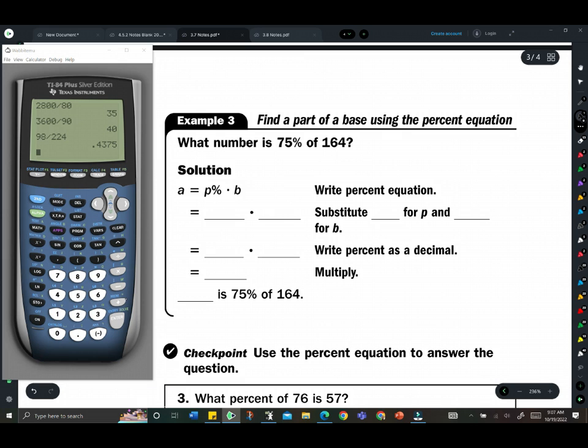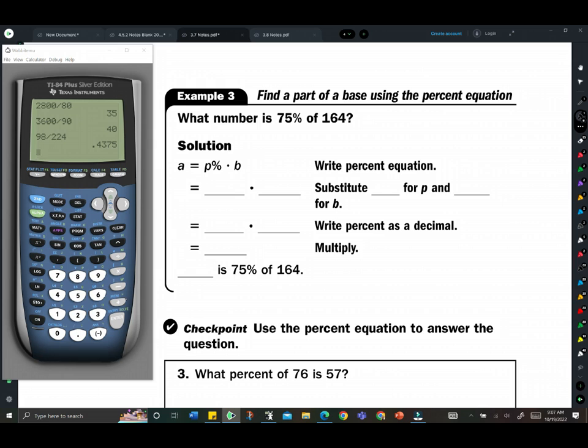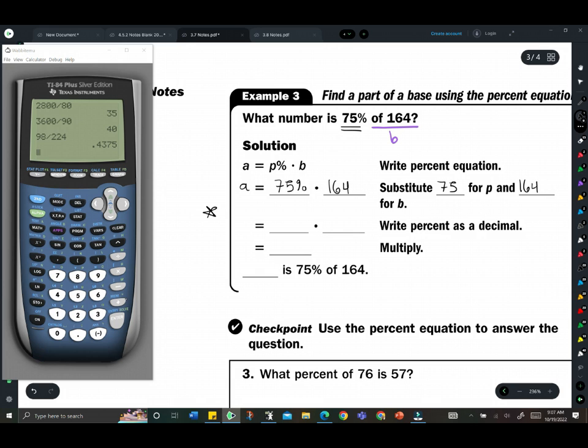The other way to go about this is to find what number is 75% of 164. Once again, "of 164" means that's our B. And this time we have 75%, so we are finding the part. Our base is 164. With this one, you need to convert 75% to a decimal, 0.75.